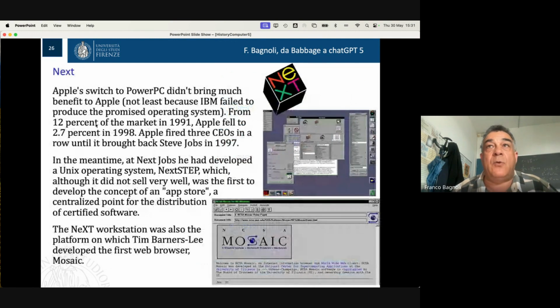And okay, so what did Steve Jobs do after being fired by Apple? He launched a new company called NeXT. Clearly, it was also funded by participation from Apple, and also Microsoft, and so on. And this NeXT company started to produce some very interesting things.